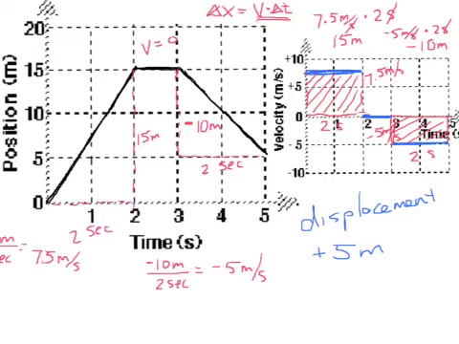So if we then, below here, take our 15 meter displacement plus our negative 10 meter displacement, we have a total then of 5 meters of displacement in the positive direction.